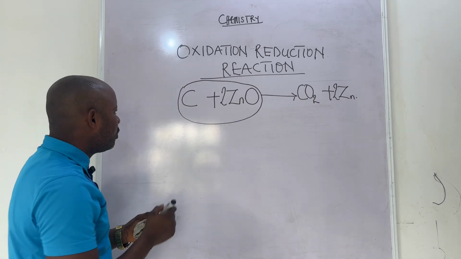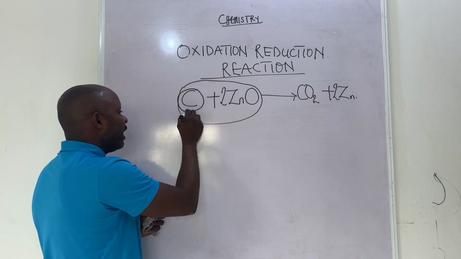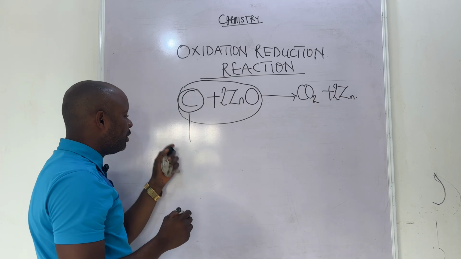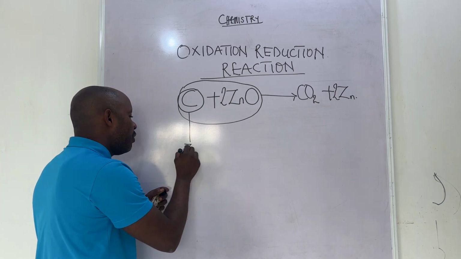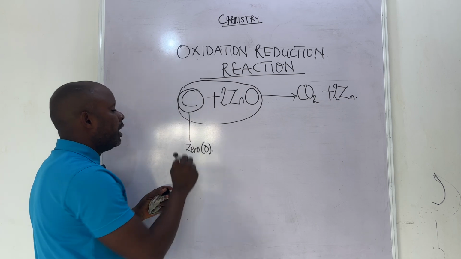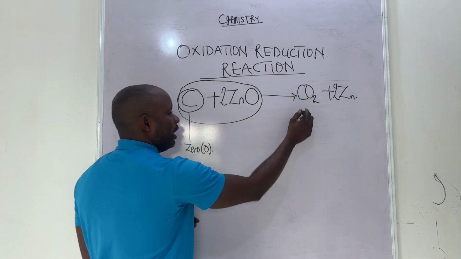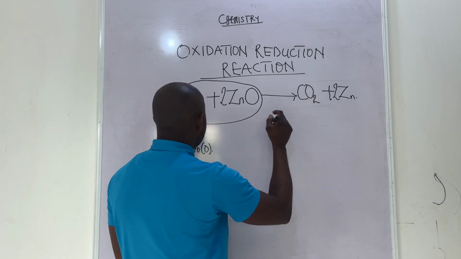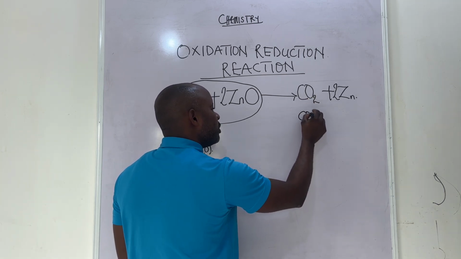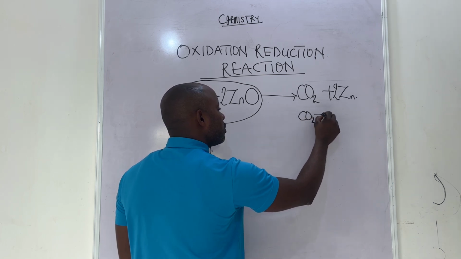You can see that the oxidation state of carbon here, according to the rule of oxidation numbers, is 0, since any free element has oxidation state 0. Now let's check the oxidation state of carbon in CO2. The sum of oxidation numbers of this compound is equal to 0.